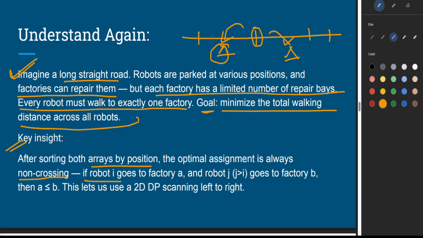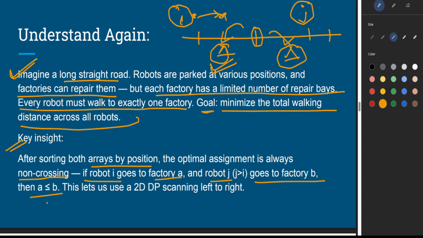If robot i goes to factory A, then robot j, where j is greater than i, goes to factory B. Again, if robot i goes to factory A, and there is another robot j, and j is greater than i, then it goes to factory B and should not go to factory A. So A is less than or equal to B. Let us use a 2D DP scanning from left to right, so we'll understand.